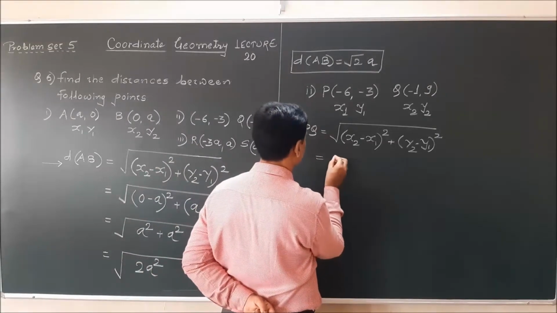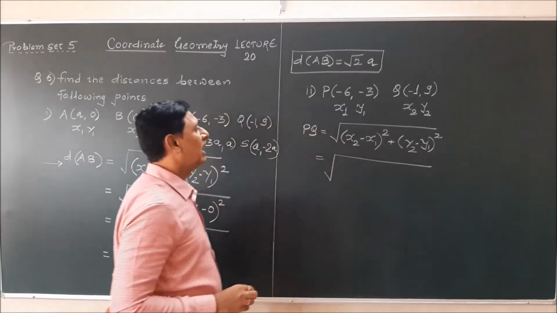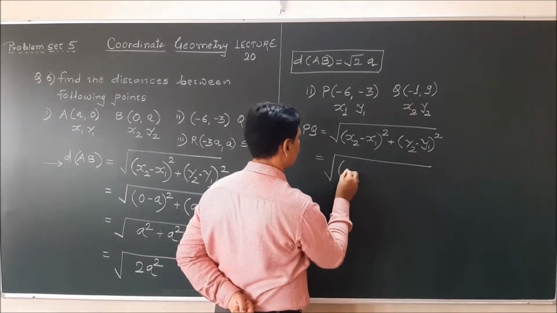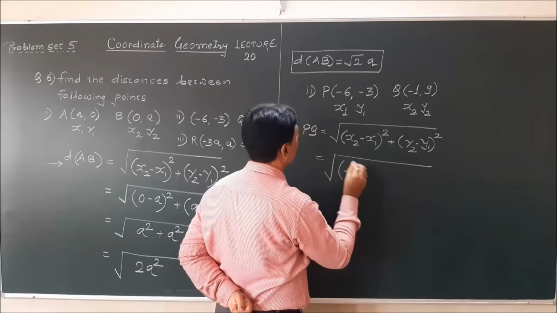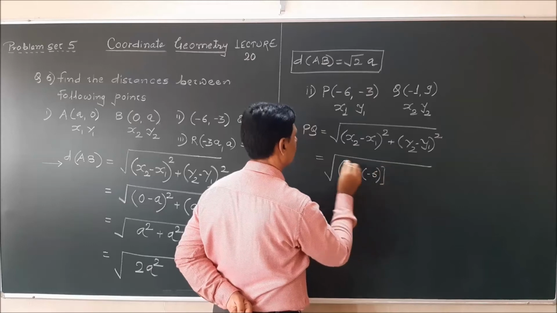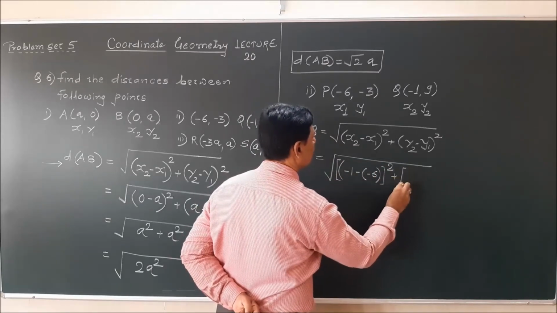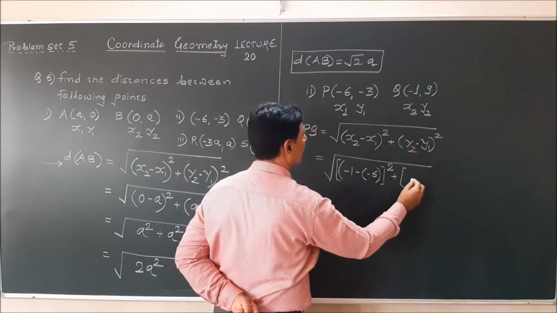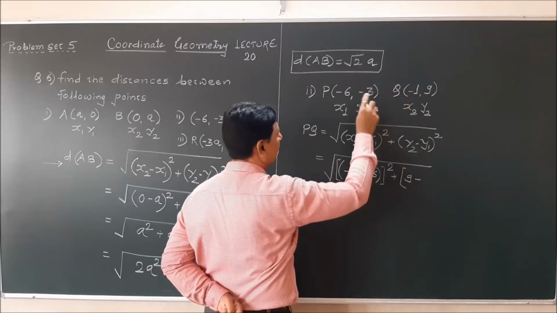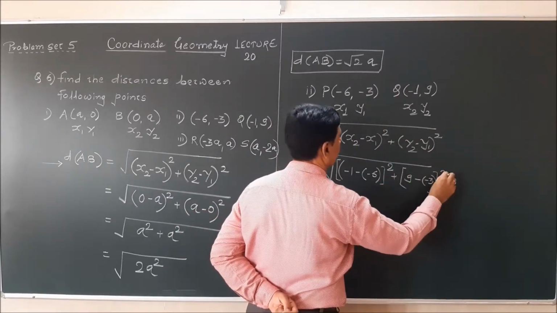Now be careful here. It is equal to square root of x2. Value of x2 is minus 1. So minus 1 minus of minus 6, plus y2 minus y1, 9 minus of minus 3, the whole square.